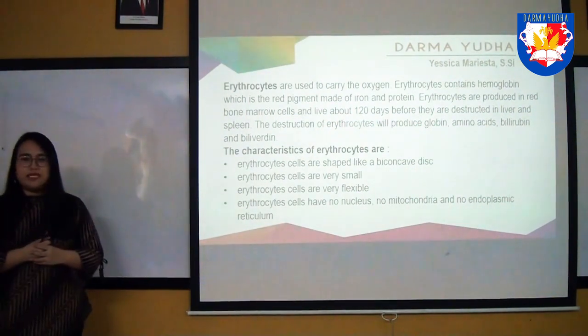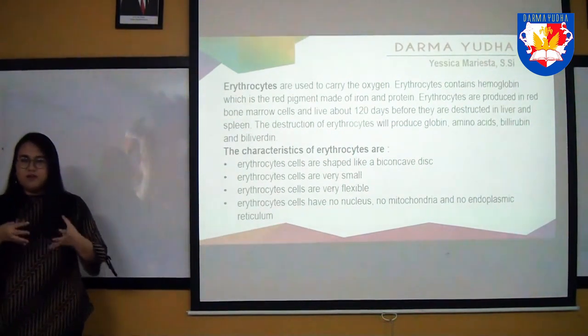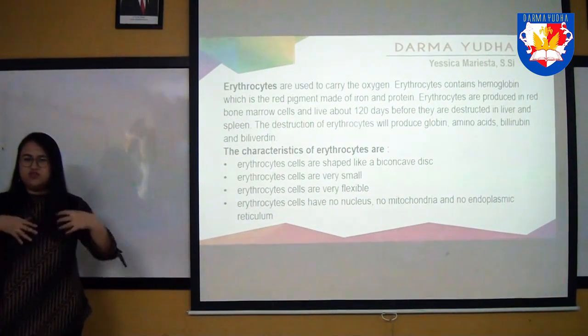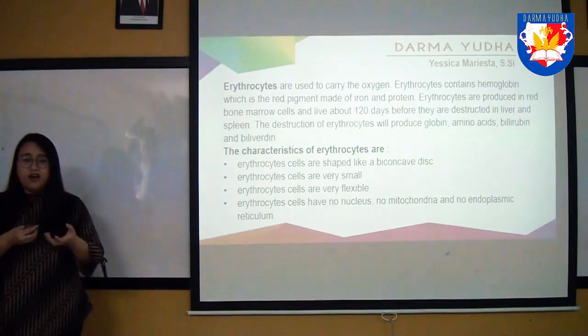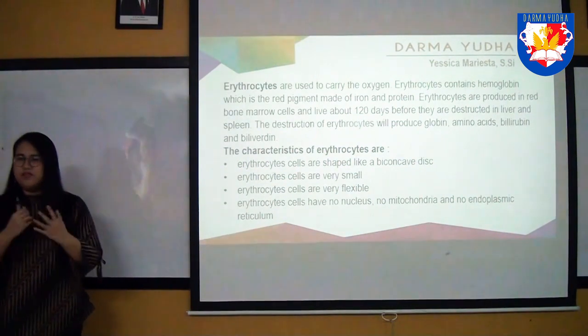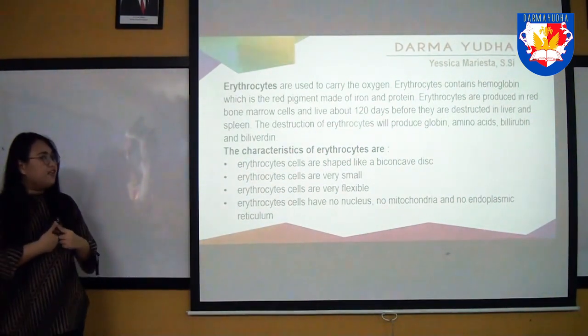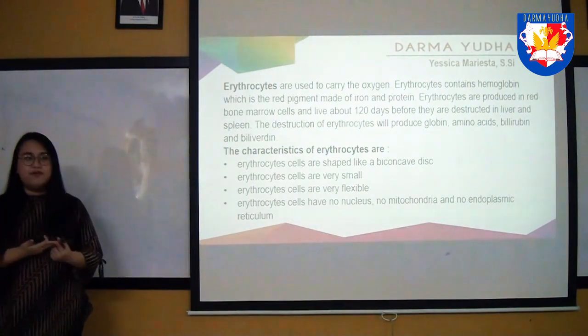Erythrocytes are produced in the red bone marrow, and they have a lifespan of about 120 days before they are destroyed in the liver and the spleen. The destruction of erythrocytes produces amino acids, globin, bilirubin, and so on.